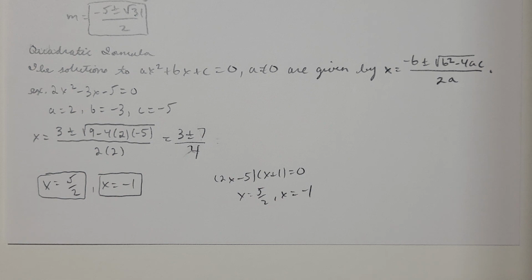I would just give it a couple of seconds to see if the equation factors. If it doesn't factor, or if you can't see the factors, then plan B, your next best option, is to use the quadratic formula.